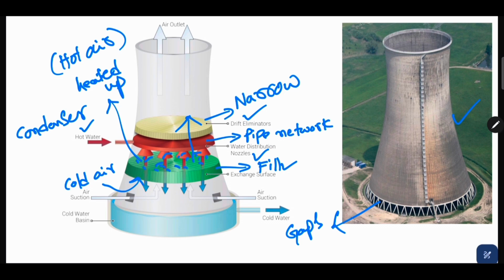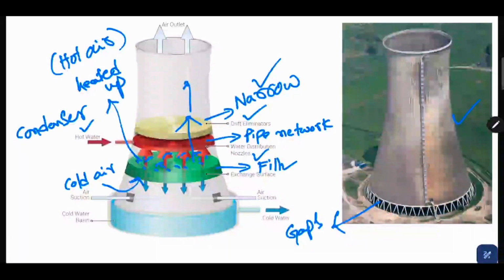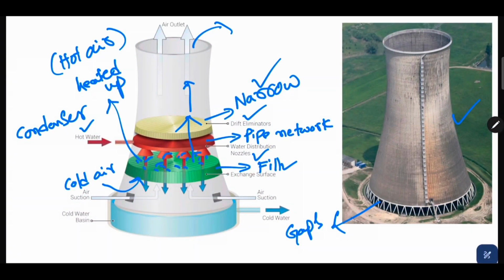When this hot air is coming upwards, because of this narrow portion, the velocity of hot air increases. So the main purpose of preferring this shape is to increase the velocity of hot air. When we increase the velocity, the hot air gets pushed more quickly into the atmosphere at the top, and finally it goes out to the atmosphere.